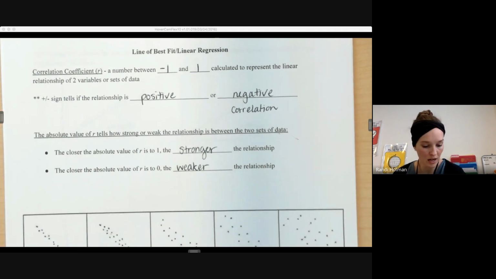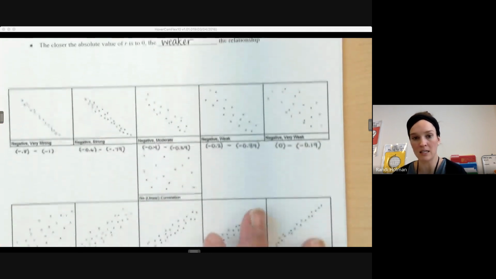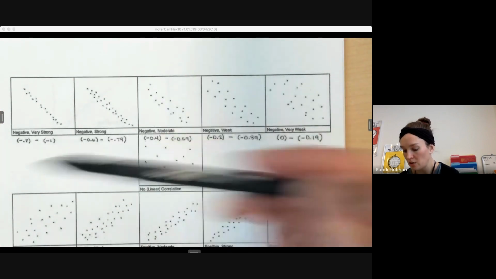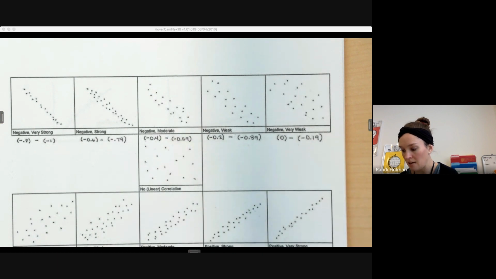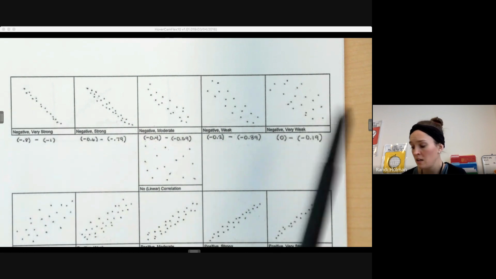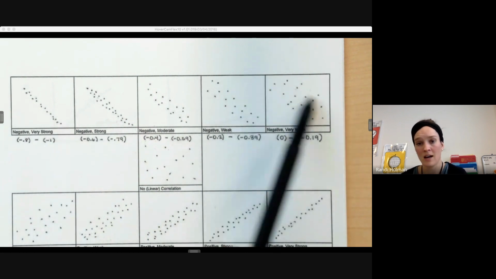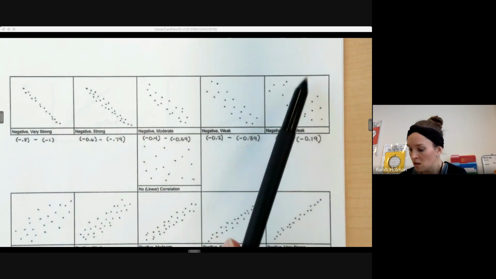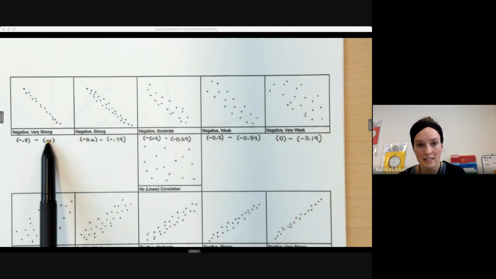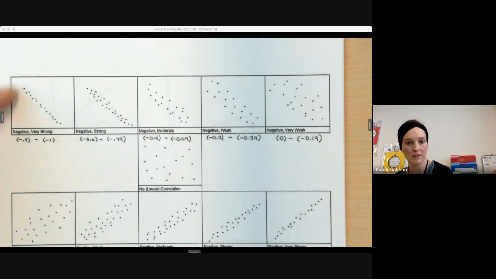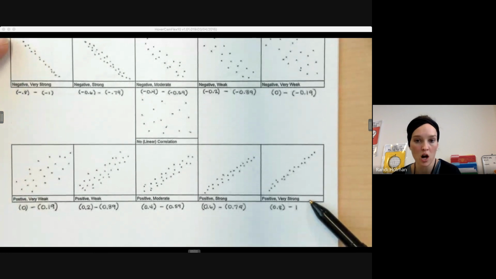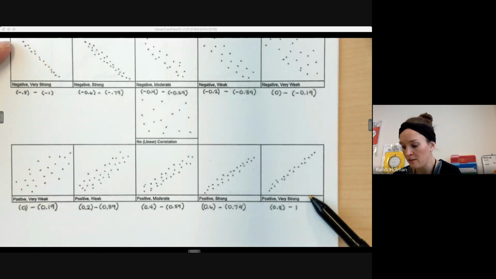So let's take a look at how we're going to classify these things based on our correlation coefficient. These are grouped by positive and negative. As the negatives get less strong, you can see that this is pretty linear, and this is still negative, but not as nice of a negative. If the correlation coefficient is between 0.8 and 1, whether positive or negative, we have a very strong relationship.